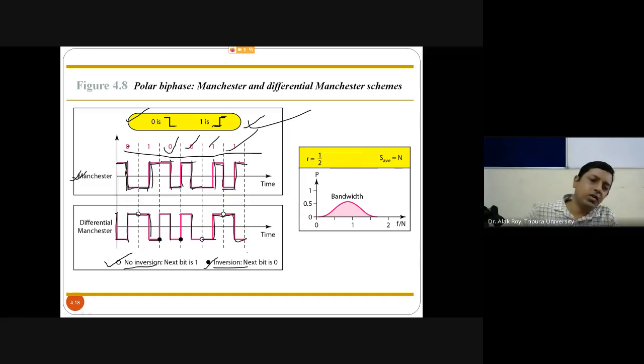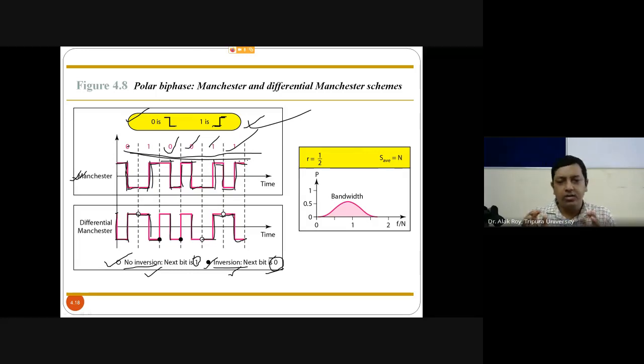So that is the simple technique for differential Manchester. Or simply you memorize the rules that for 1 I have to use no inversion, for 0 I have to use inversion. So applying this rule, you can draw the signal for this bit stream. Okay, so that is all about differential Manchester encoding.